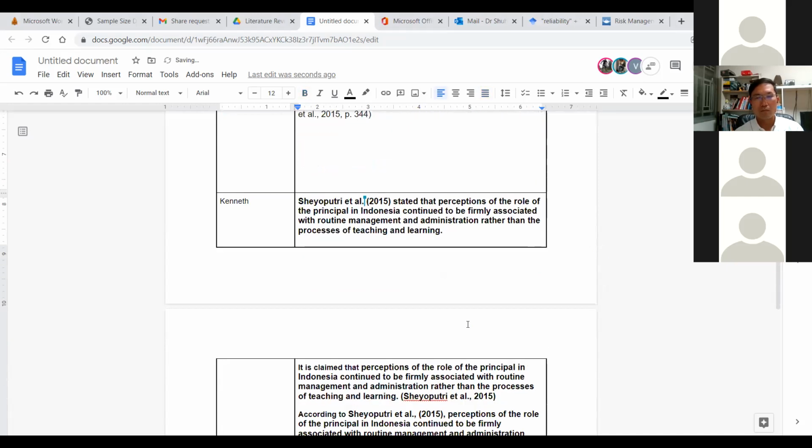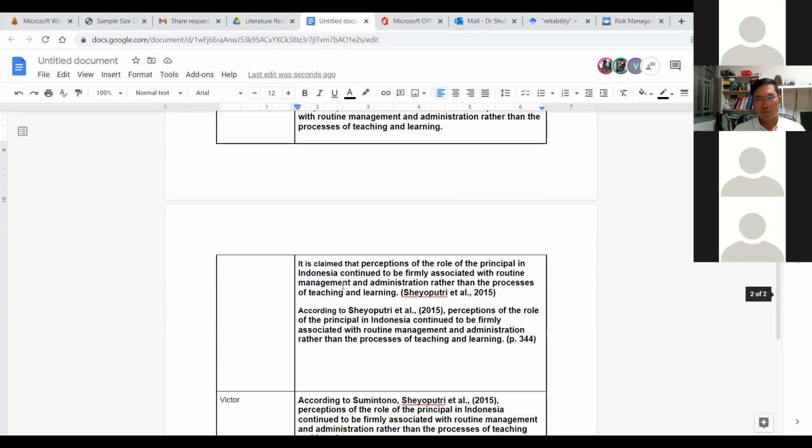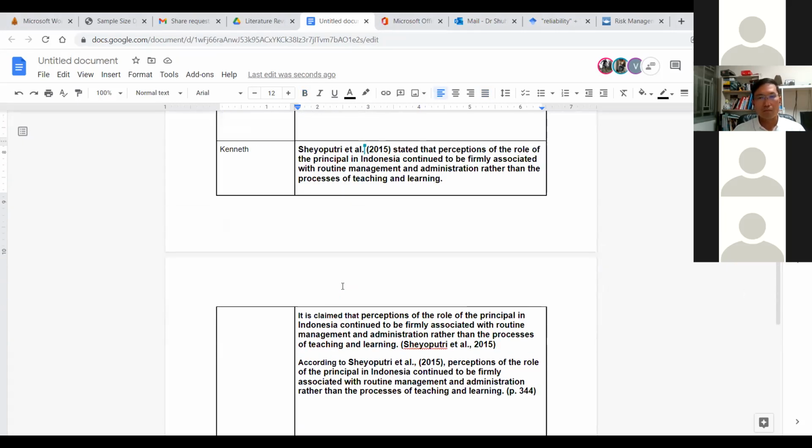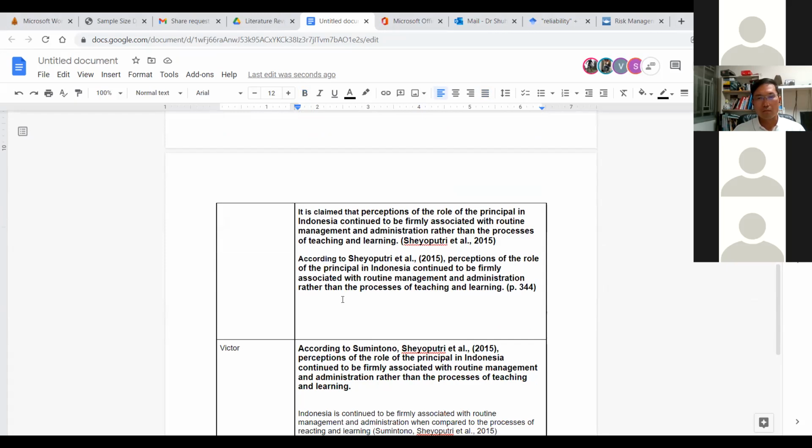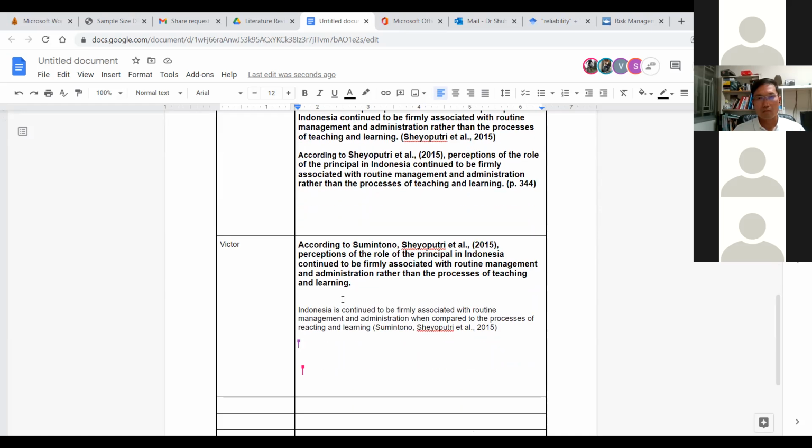All right. Next one is Ken. Ken, right? Shaipu 3 et al. 215 stated that, it's okay, good. Number 1 is good. For number 2, Ken wrote, it is claimed that a perception is okay. It's good. According to Shaipu 3 et al., it's also good. So Ken is okay, very good. Victor, right?